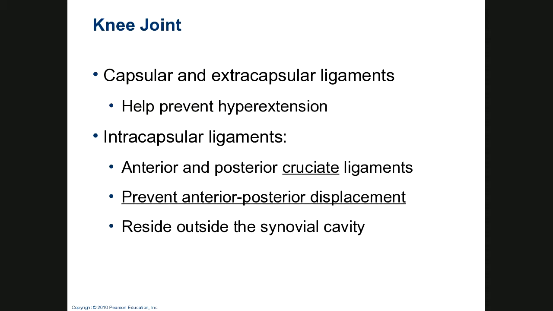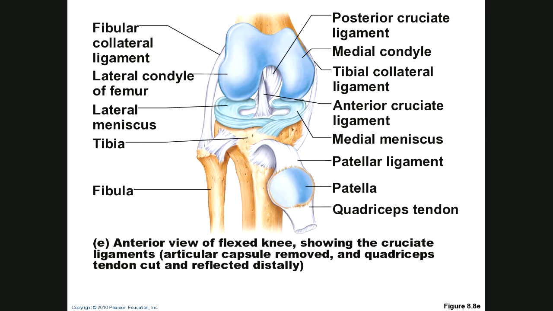Okay, now we have ligaments. The cruciate ligaments prevent anterior to posterior displacement, and they are extracapsular. They're outside of the synovial cavity. They're covered by synovial fluid. So here we have our posterior cruciate and anterior cruciate, and here you can really see how the menisci work.